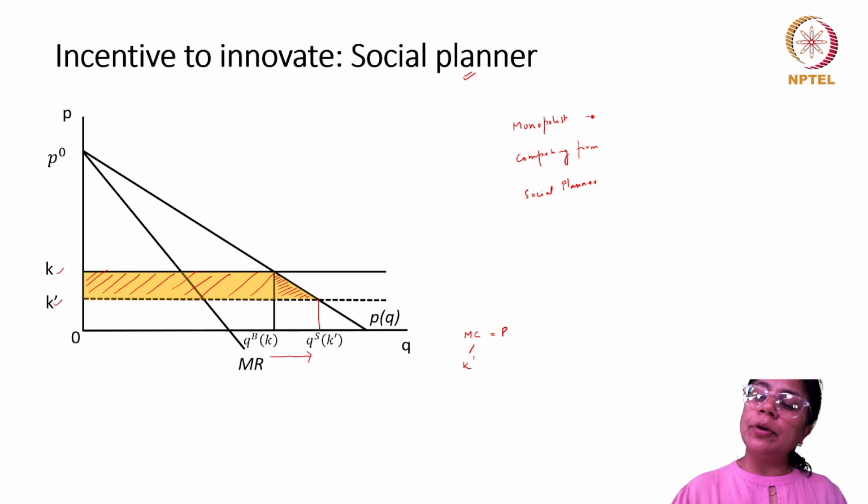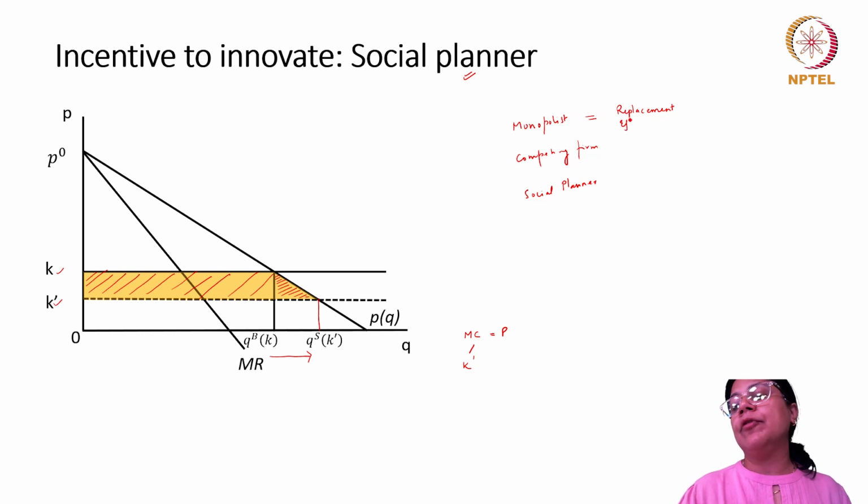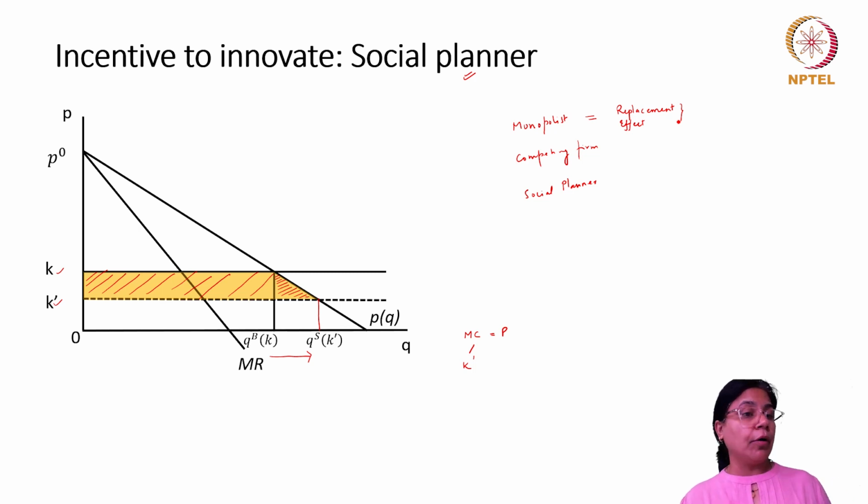From a monopolist's point of view, we have understood the effect is because of the replacement effect. That means as the firm engages in more process innovation, it's making profit, but this newly made profit is also eating into its existing profit. So there is a replacement effect.